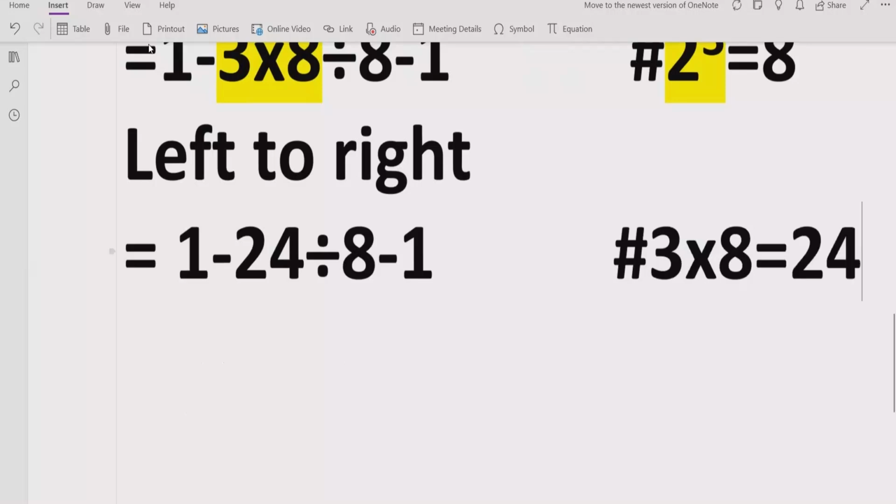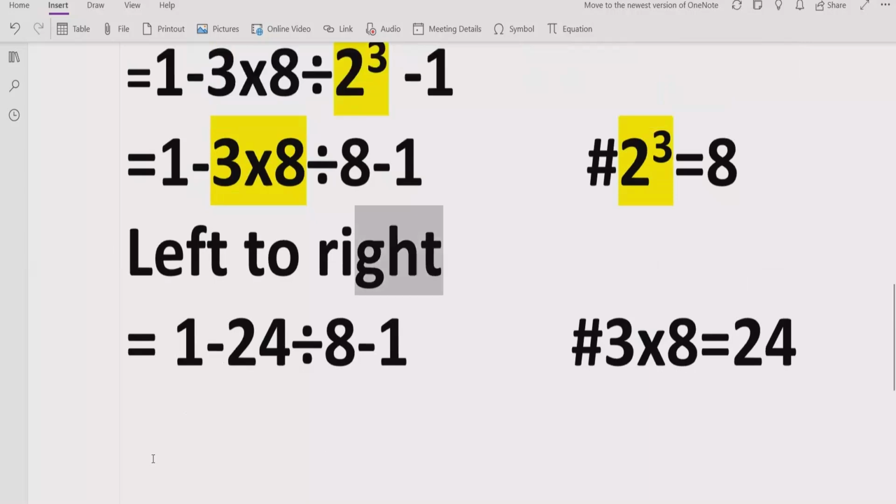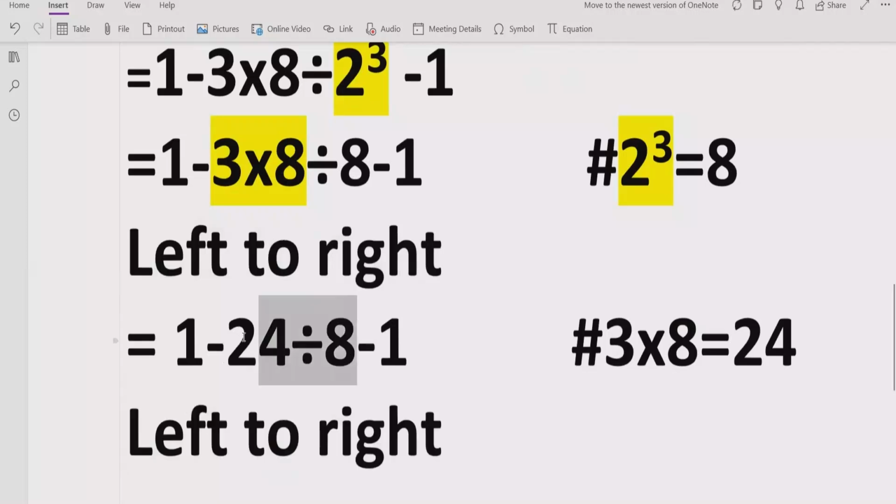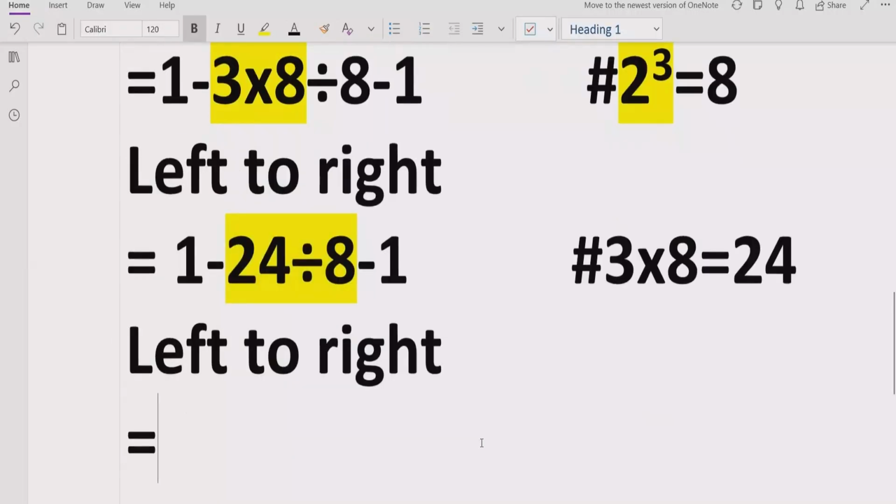Now move forward. Again, we have to go left to right and find out division and multiplication. So now we have this division which is 24 divided by 8. We will divide these two terms. 1 minus 24 divided by 8 means 1 minus 3, minus 1.